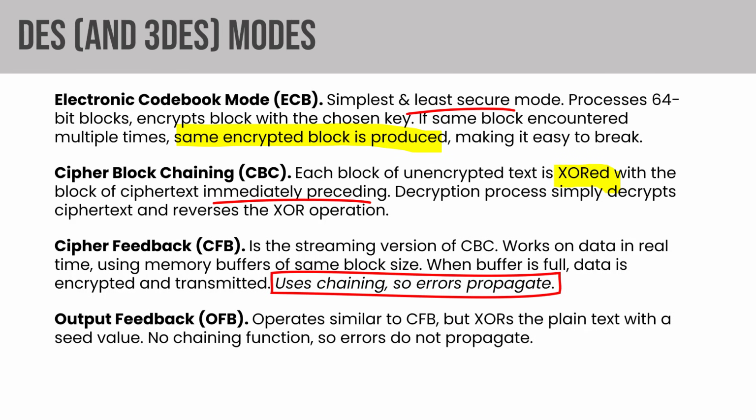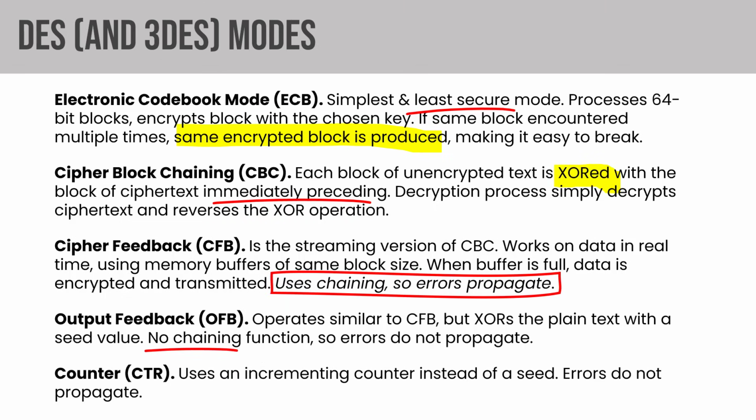Now the next one, output feedback, works a lot like cipher feedback, but it XORs the plain text with a seed value, which means we're not using chaining anymore. It's using a seed value instead of that immediately preceding ciphertext. So no chaining means errors don't propagate in this case. And then another variation of that is counter, which uses an increment and counter instead of a seed.